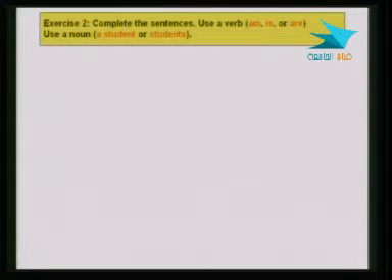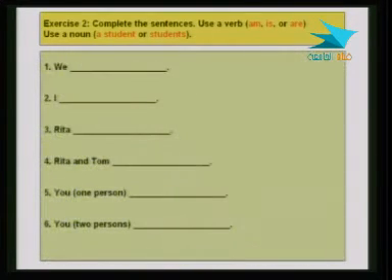In this exercise it says complete the sentences, use the verb am, is, or are again, and use a noun, a student or students. Now we, of course, we is plural, so what can we say?